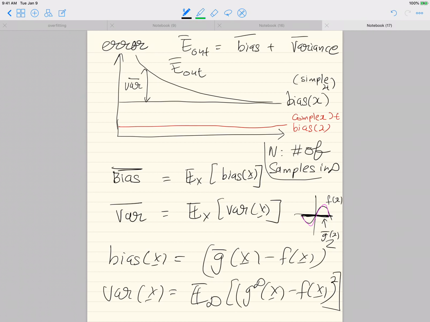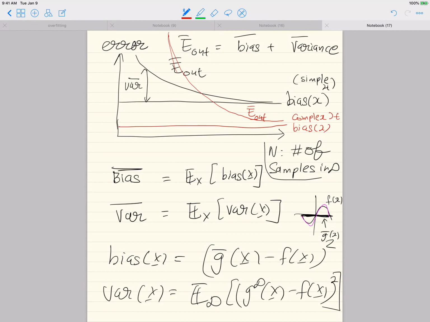If you have a complex hypothesis, you will converge to the bias eventually, but you will need a lot more points. So initially your variance will be much higher. So what will happen is, if you have this complex case, maybe your E out looks like this. It's very large, it starts at very large values because you haven't converged here. And eventually, if you have enough number of samples, you will get to this point.